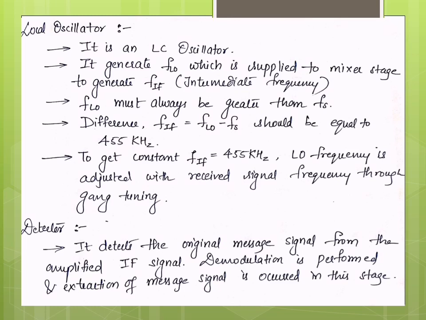The detector detects the original message signal from the amplified IF signal. Demodulation is performed and extraction of the message signal occurs in this stage. So the detector is none other than the demodulator section. In demodulation, the information is extracted from the modulated carrier, and we reconstruct our information signal from the amplified IF signal.